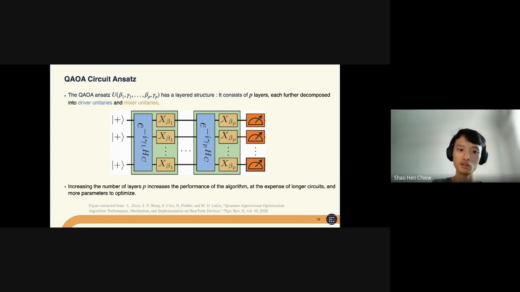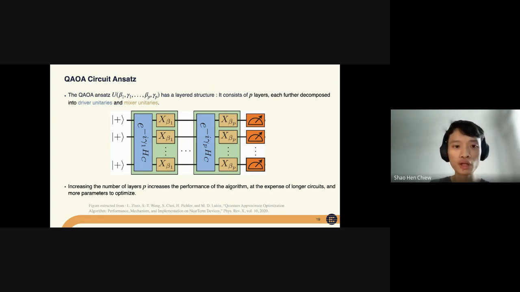Thanks. Yep. So as I described, QAOA consists of P layers. P is an integer that you specify. If P is equal to 1, then you only have this green box over here, and you can choose to increase P, which will subsequently increase the length of the quantum circuit. So the question is how we choose this number P. In general, as you increase this number, your circuit is said to be more expressive, meaning that due to the increase in the number of variational parameters, you can explore a larger region of the Hilbert space.